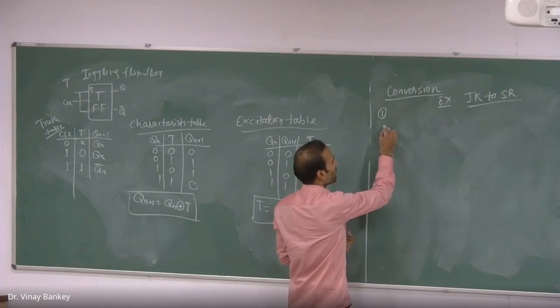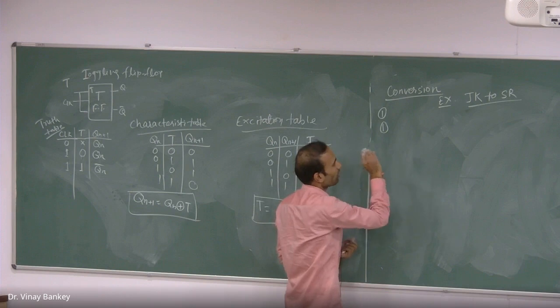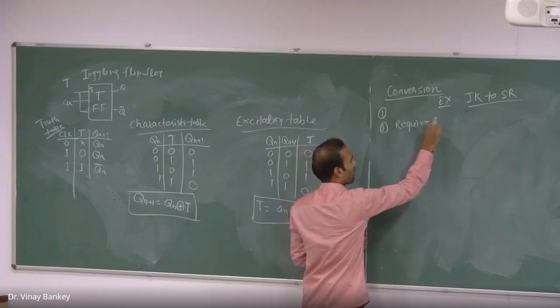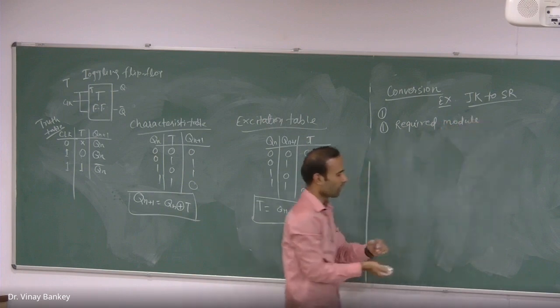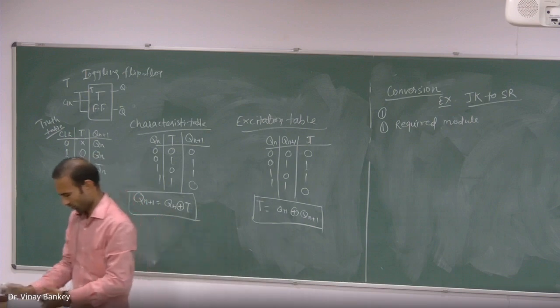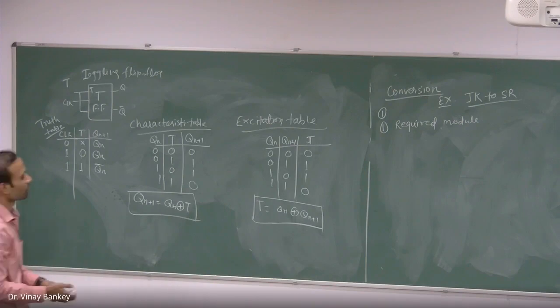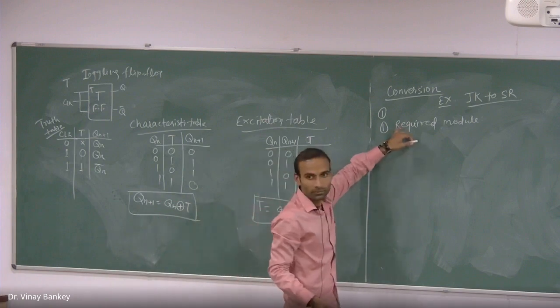So what are the important steps you need to take? First of all, you need to find out which is the required one. What is the required module? Which flip-flop is required here?